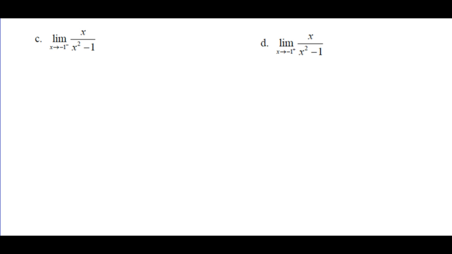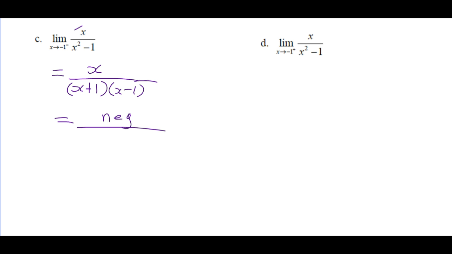C, where are we going here? We've got -1 from below. So if it's -1, then the x is going to be a negative, right? So we're -1 from below, negative, like -1.1 kind of thing, right? Okay, so what do we got here? Well, okay, wait, let's do this. Okay, so we can look at this. So this will be negative, right? The x up top is negative.